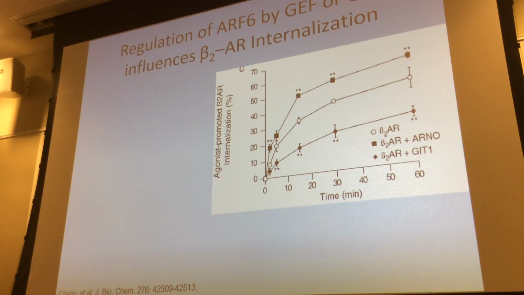Yes, so there's a whole family of RGS regulators of G protein signaling, and they're the GAPs for heterotrimeric G proteins. But here you can see we've got a protein inhibitor for the GAP called RNO, and we've got a protein inhibitor for the GAP called GIT.